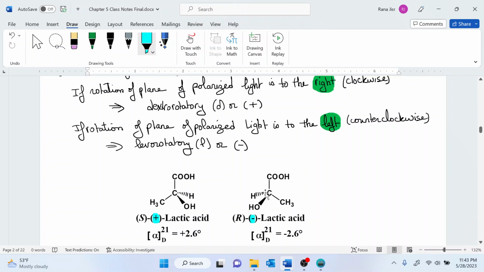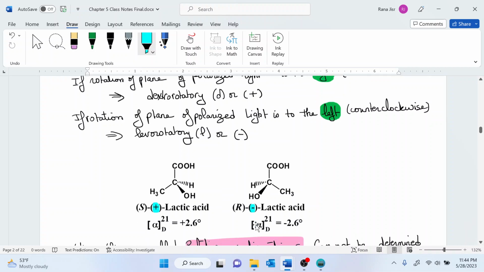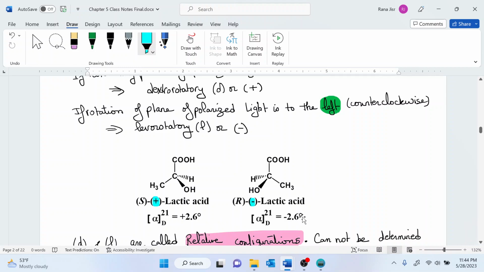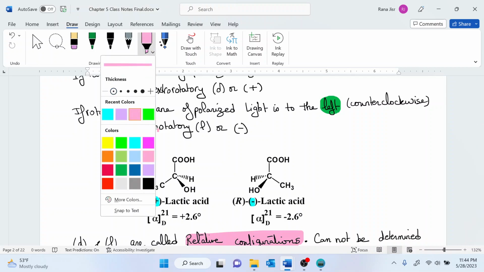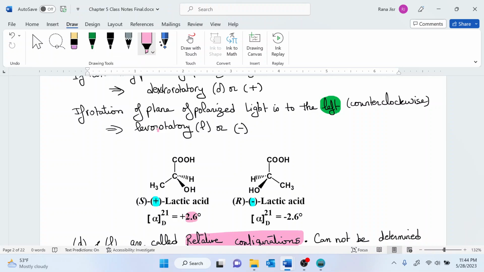Always, mirror images rotate the plane of polarized light to the same degree. Notice that the angle is exactly the same. So this molecule rotates the plane of polarized light 2.6 degrees, but it is to the right. And here I do have a mirror image of that molecule.